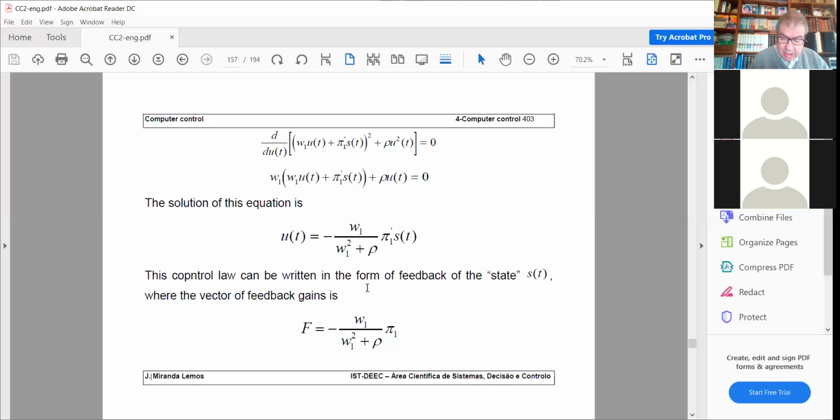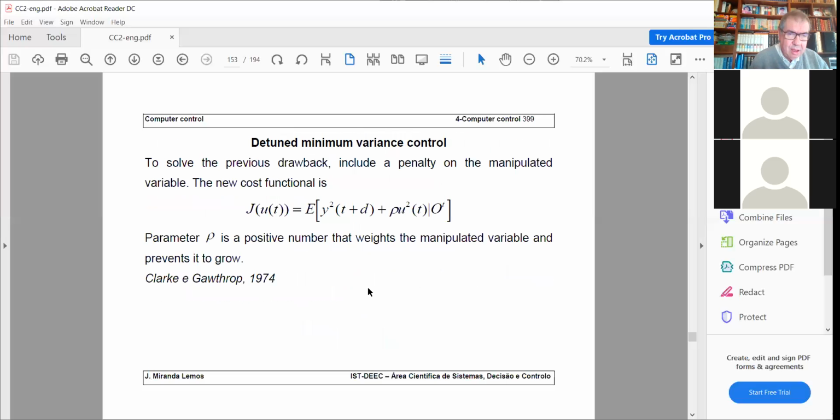The idea was that instead of having just one point at time t plus d, consider several points between t plus d and t plus d plus some horizon. Okay, that's the idea of predictive control. If we have the opportunity, I will give you a lecture on this predictive control. Questions?